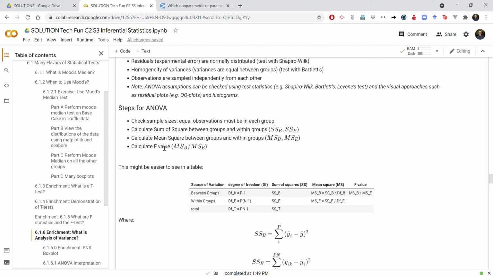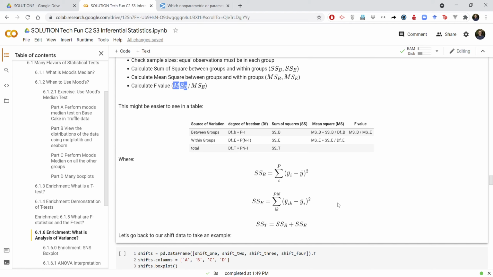And then calculate the F value, which is a ratio of the mean square between groups and the mean square within groups. Right? So again, we're looking at the difference of variation between the groups versus within the groups. And the idea is that if the variation between the groups is significantly higher than within, then those categories significantly affect the outcome that we see in the samples.